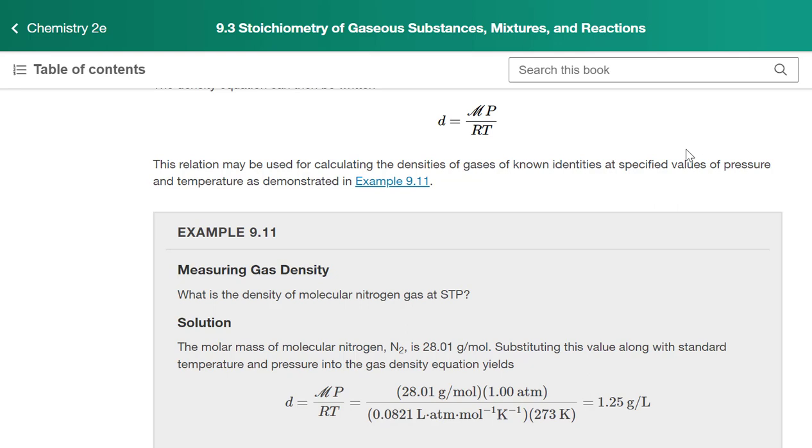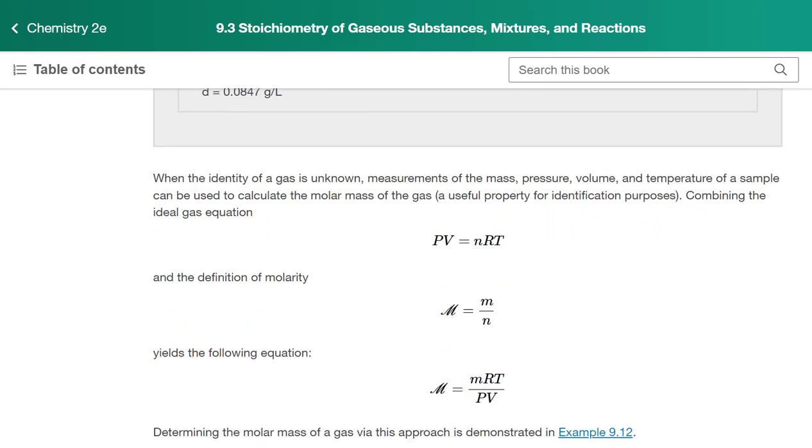We can't say this is always the density of a gas, because it will change with temperature and pressure, much more so than any solid would. The solids will change a little bit. We'll talk about that in a later module, but they're close enough that we can have reference values to look at. We don't have those for gases. We would need to use an equation such as this.